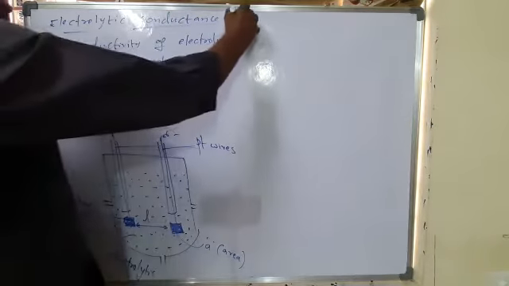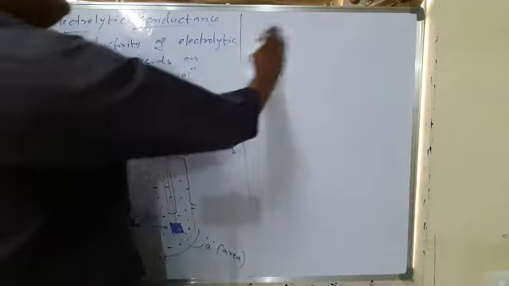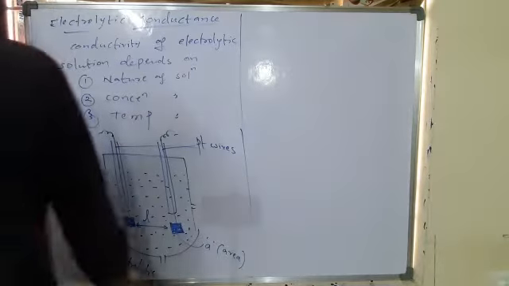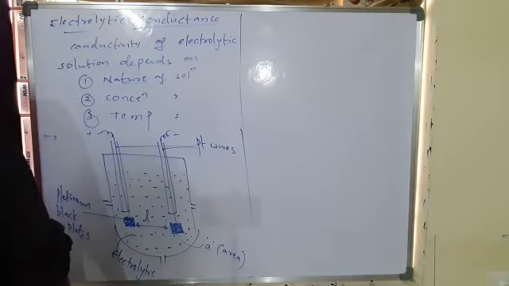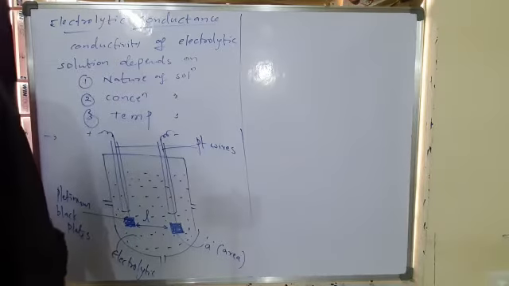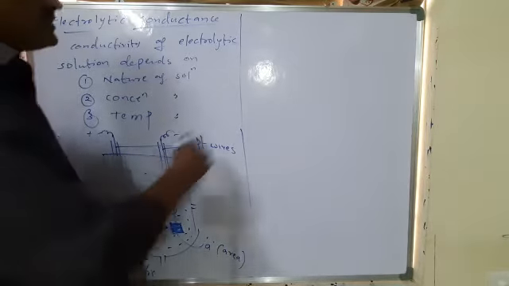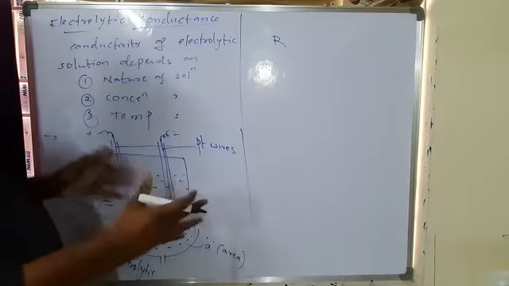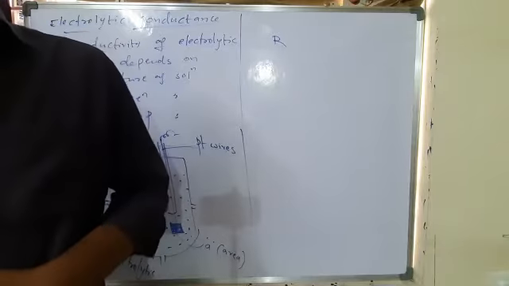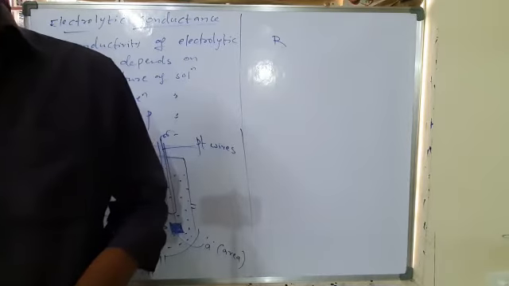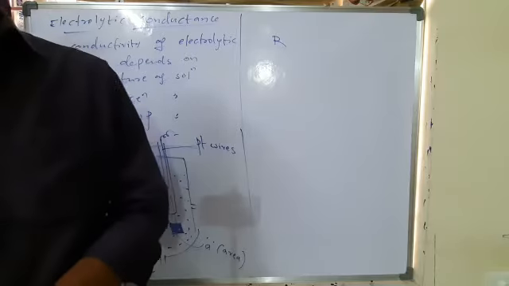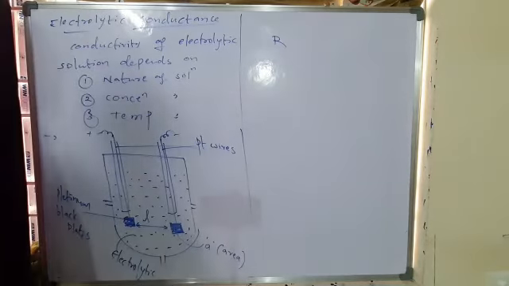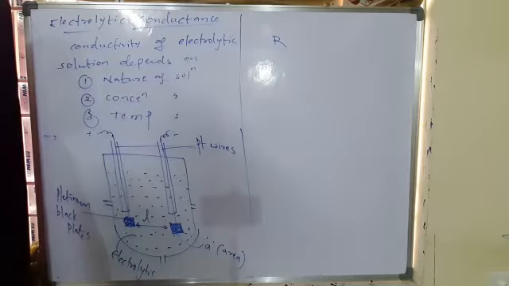Now, the electrolytic solution generally obeys Ohm's law. The resistance R is the opposition offered by the electrolytic solution to the flow of current.